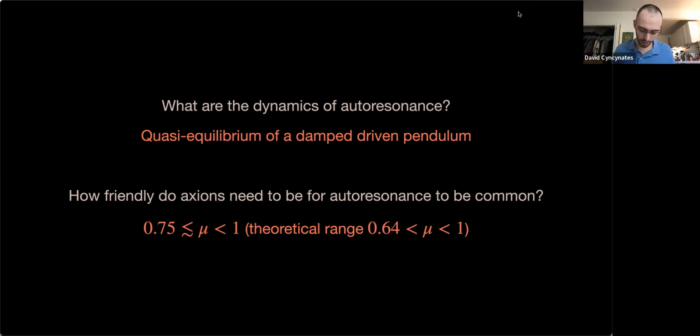The theoretical range is somewhat larger, but when you get down towards this theoretical minimum, you really need fine-tuned initial conditions to get autoresonance. And so, we'll not worry too much about those initial conditions. Okay. So any questions about the dynamics of the homogeneous modes before I move on to density perturbations?